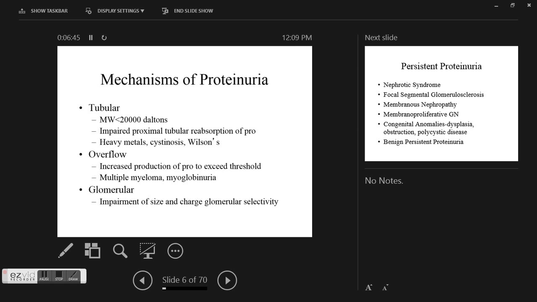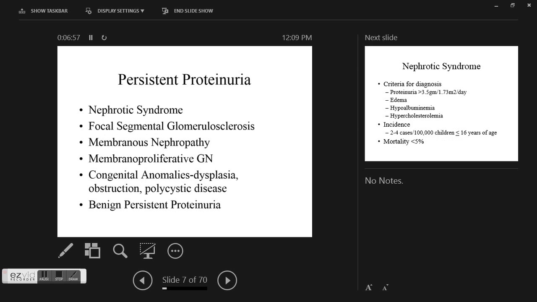And glomerular is where we will focus most of our time because that's an impairment in the actual membrane, the glomerular basement membrane. These are some of the etiologies for persistent proteinuria that will come from a glomerular origin. Nephrotic syndrome, as you guys are aware of, focal segmental sclerosis, membranous nephropathy, membranoproliferative, i.e. MPGN, congenital anomalies, dysplasia, obstruction, polycystic disease.